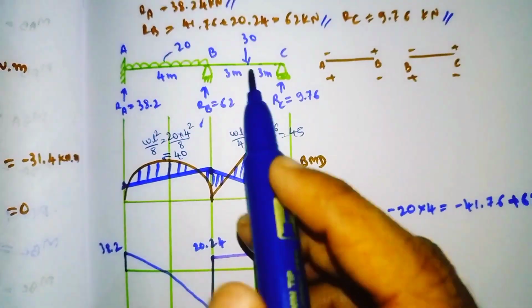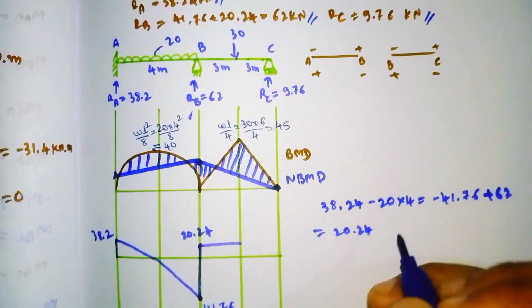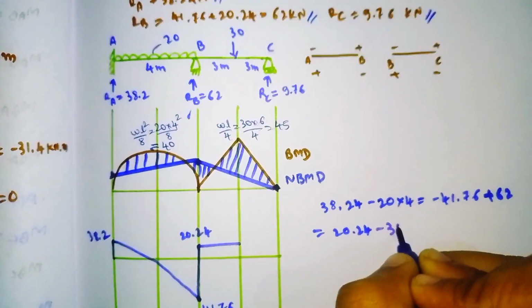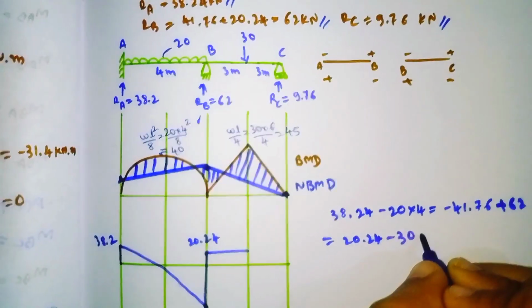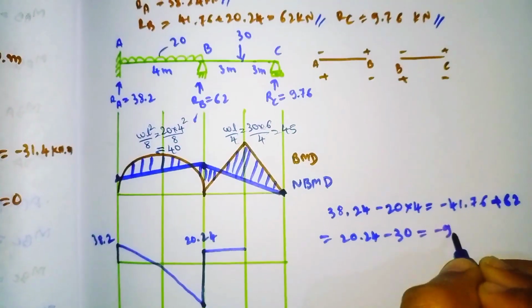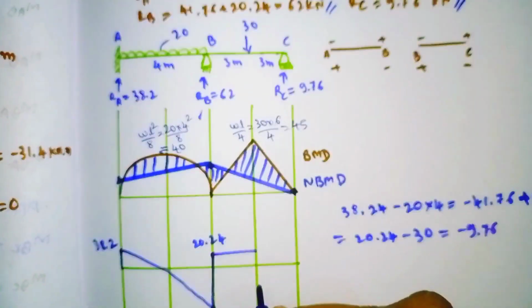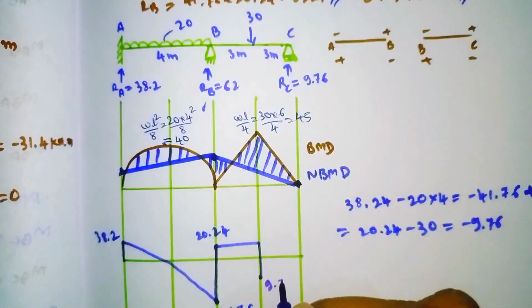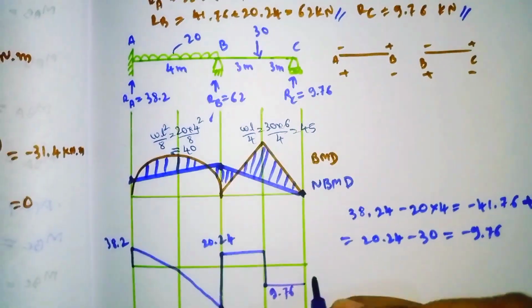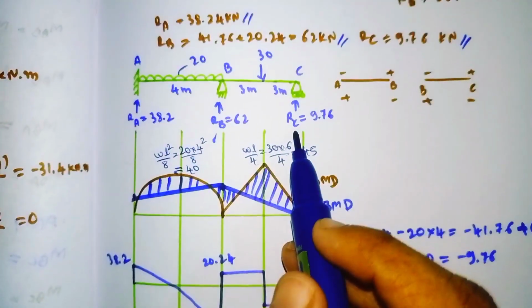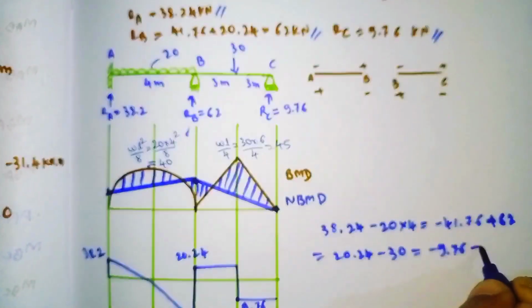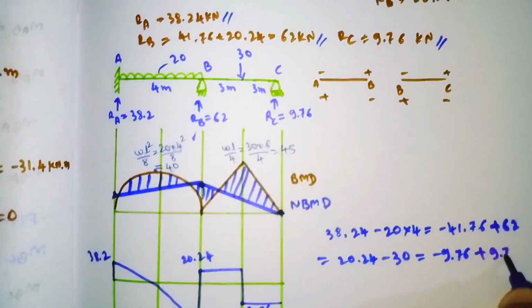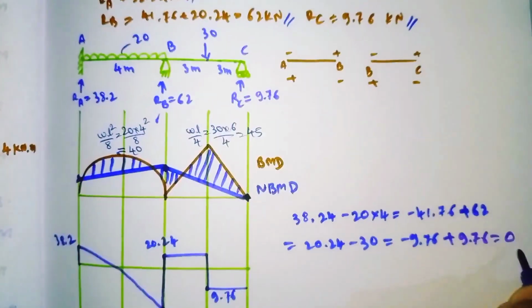Again we'll draw this. Here the point load is acting downward. It means we need to subtract 30 from this value. It will come out as minus 9.76. Minus means it comes here. So 9.76. Now here reaction RC is acting. It is upward, so we need to add 9.76. It will come out as 0.